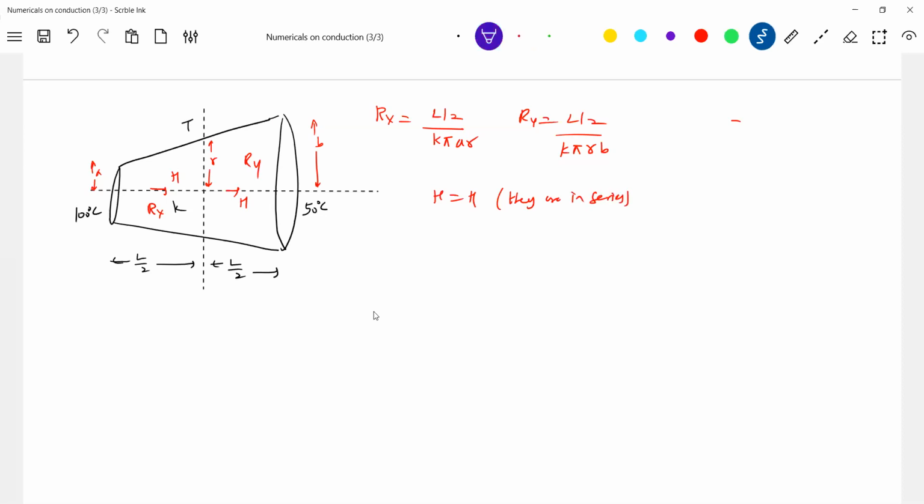Now let's get into the discussion. What is the heat current? Temperature difference: 100 minus T by Rx equals T minus 50 by Ry.